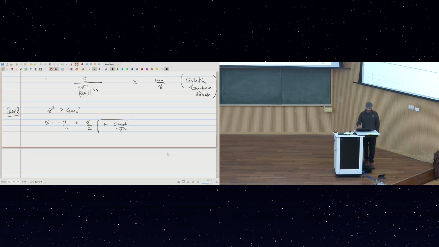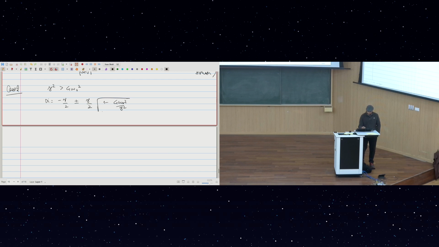Now we can see that this quantity is greater than 1 because gamma squared is greater than 4 omega naught squared.